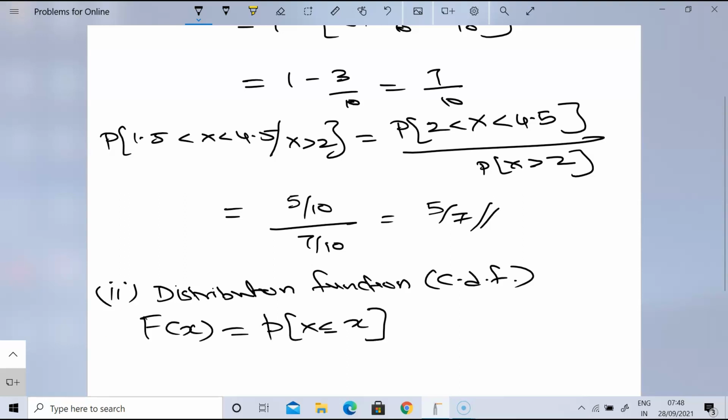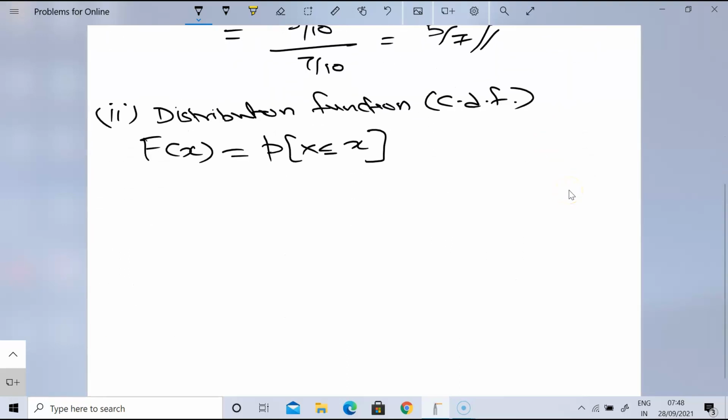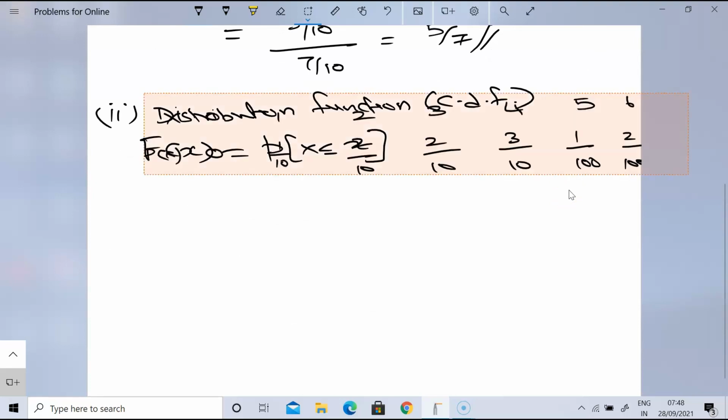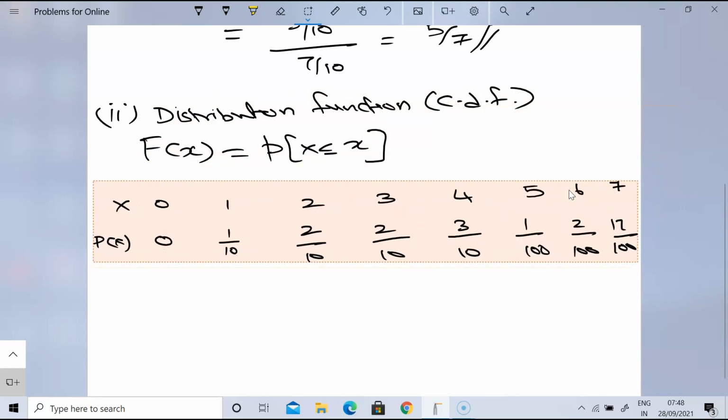I will give you a shortcut. What is the distribution function? If you remember, what I found earlier is not the CDF, it is the probability mass function. Now, from this, if you want a CDF, I will write here F of x. Write the first value the same. What is the first value? 0. I write this 0.